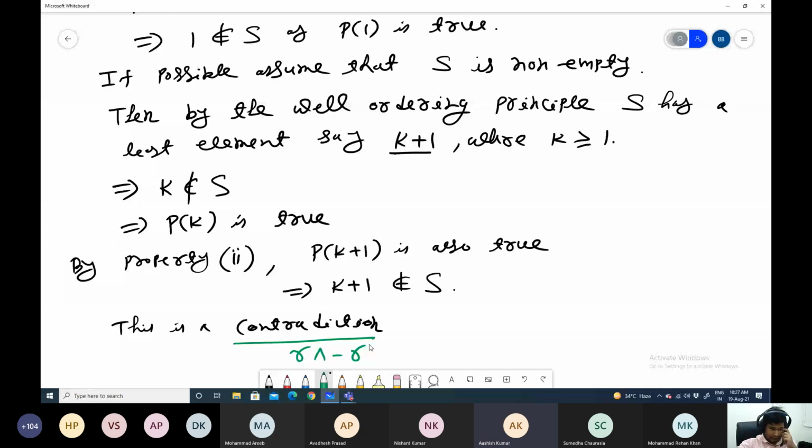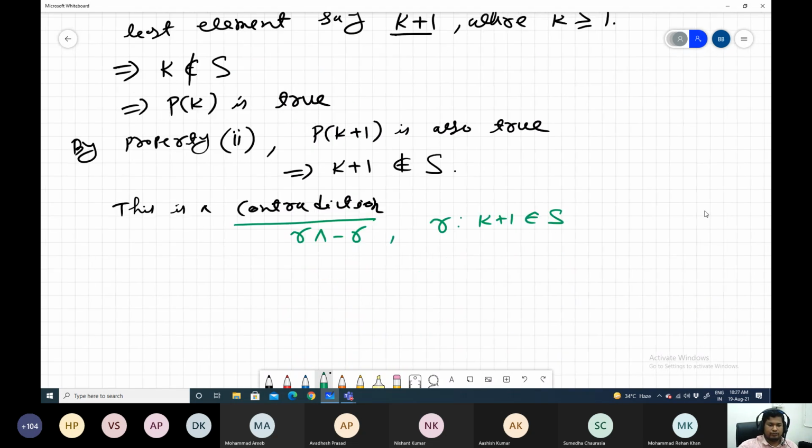K plus 1 belongs to S, P of k plus 1 is true. No, it is just k plus 1 belongs to S. Okay, so this is a contradiction. Now, why did we get this? We assumed that S is non-empty and we get a contradiction. So therefore, this assumption is not true.